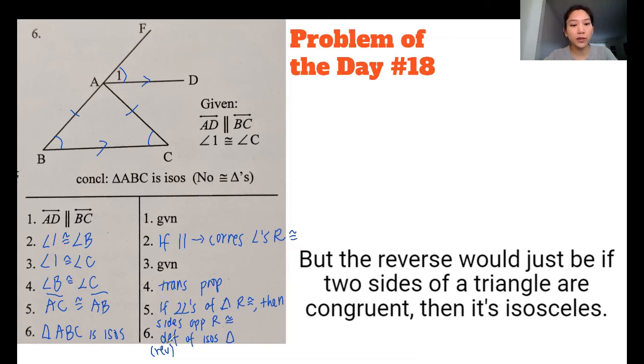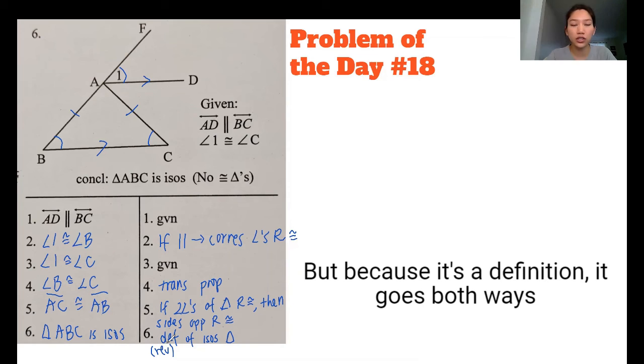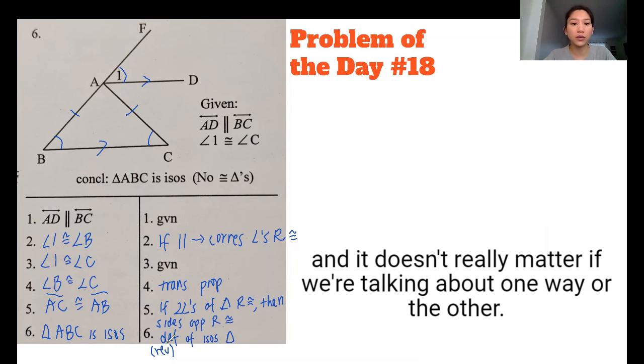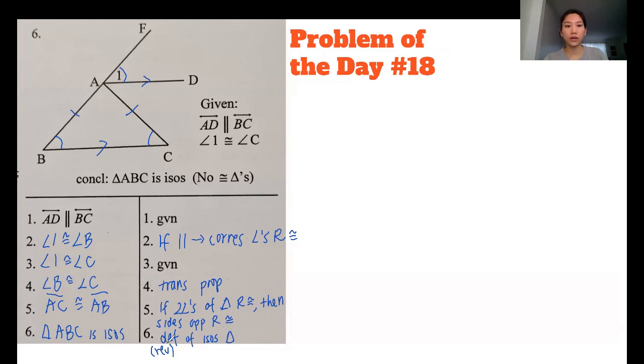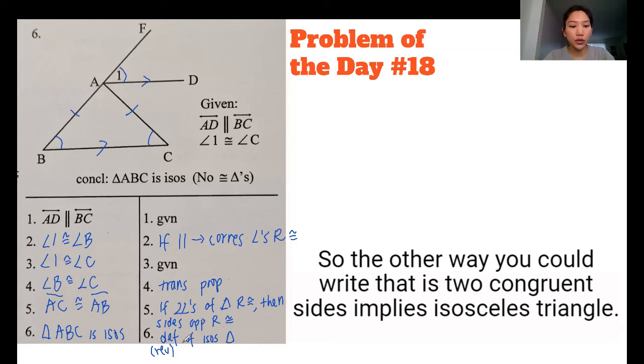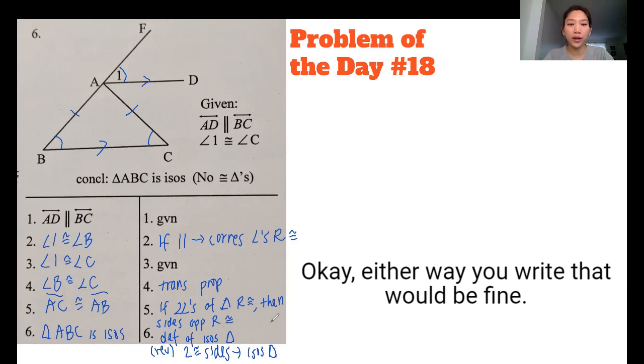But the reverse would be, if two sides of a triangle are congruent, then it's isosceles. Because it's a definition, it goes both ways, and it doesn't really matter which way we write it. The other way you could write that is two congruent sides implies isosceles triangle. Either way you write that would be fine.